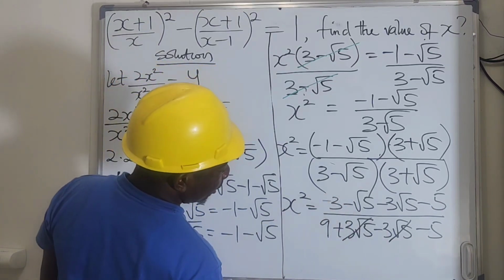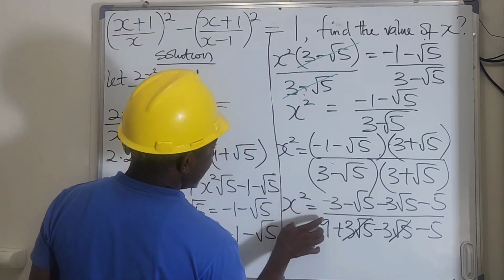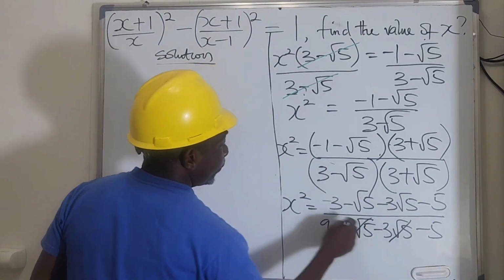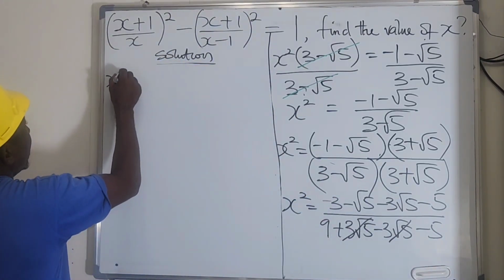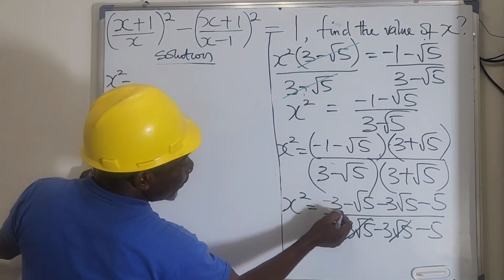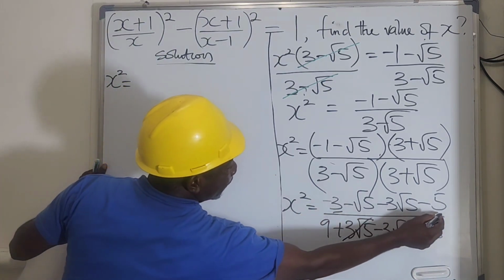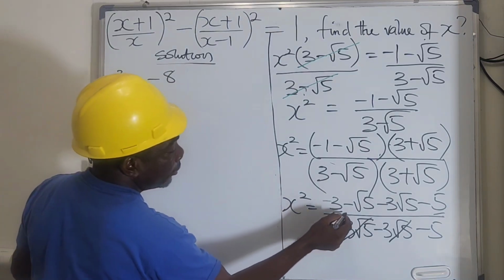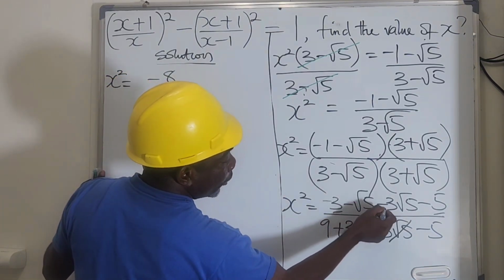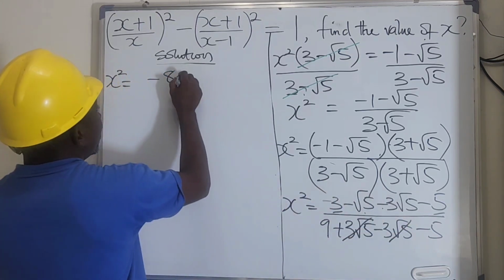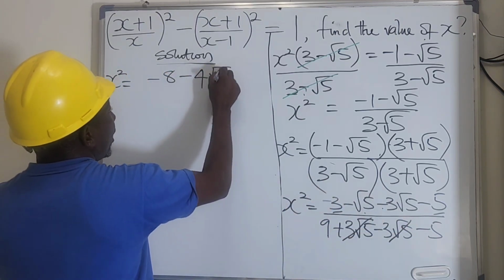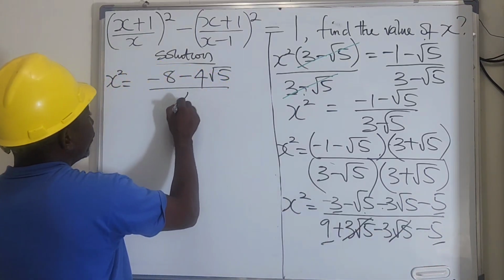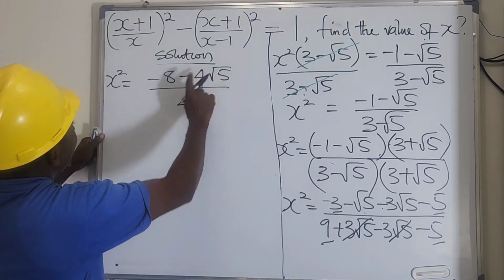So now x squared equals minus 3 minus 5, which is minus 8. Then minus root 5 minus 3 root 5 gives minus 4 root 5, all over 9 minus 5. We can factorize the numerator.